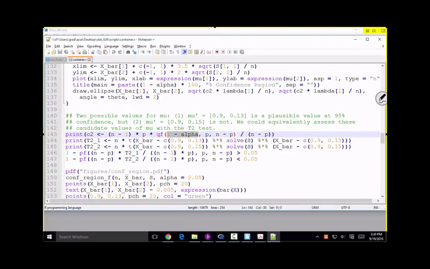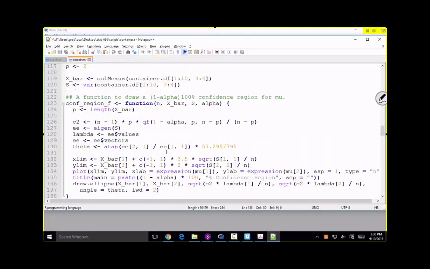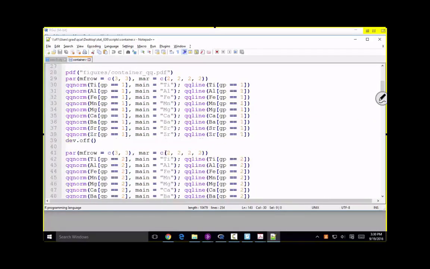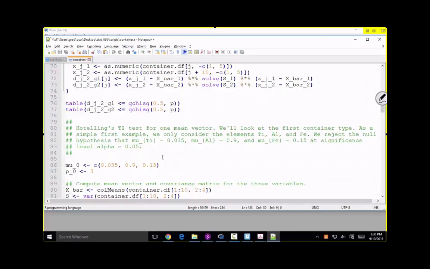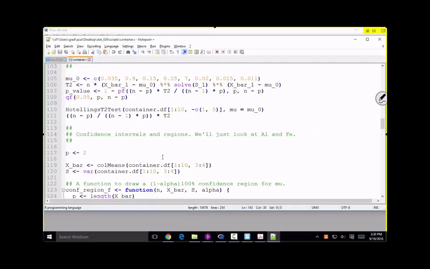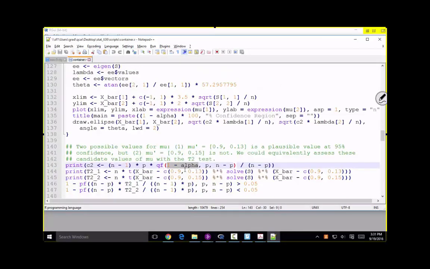If I'm doing alpha equal 0.05, then this would be the 95th percentile.